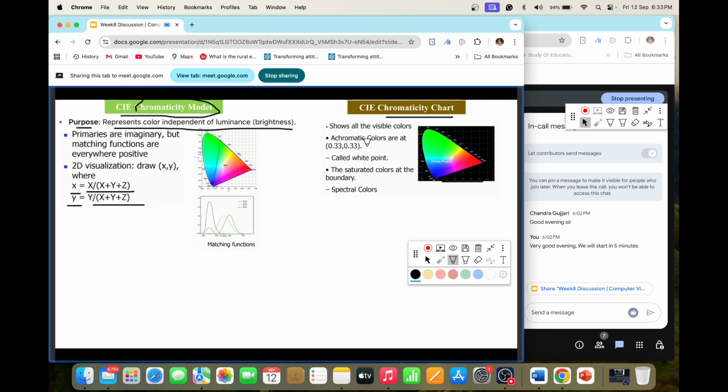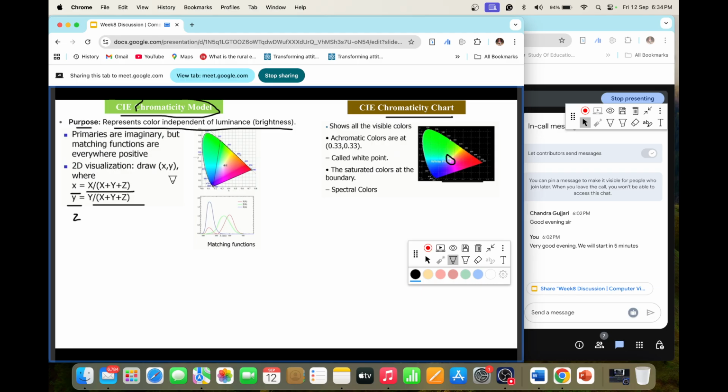And the important thing is white color. We have these three colors, R, G, and B, that is red, green, and blue. Now what is the point of matching, where the three colors match? Where the three colors match, the intensity will be the same. So it will be 1 by 3, 1 by 3, and 1 by 3, because x, y as well as small z are the same.